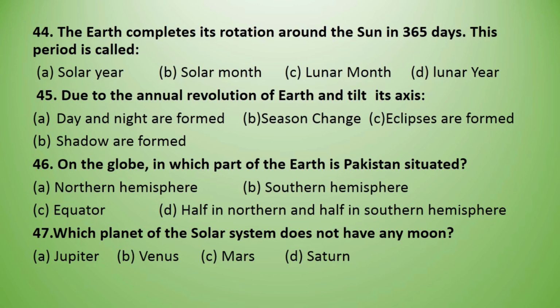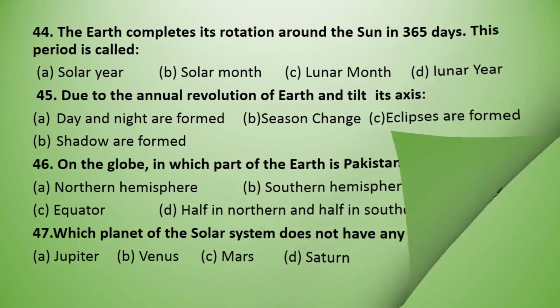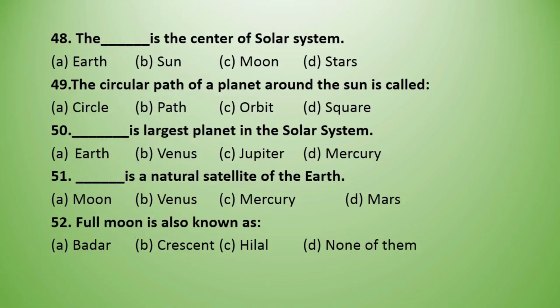47. Which planet of the solar system does not have any moon? A. Jupiter. B. Venus. C. Mars. D. Saturn. Answer is B. Venus. 48. The ___ is the center of solar system. A. Earth. B. Sun. C. Moon. D. Stars.